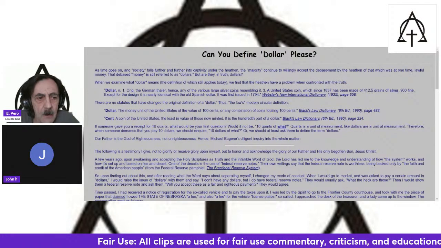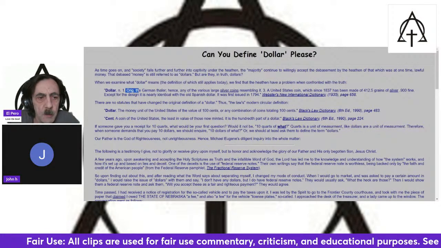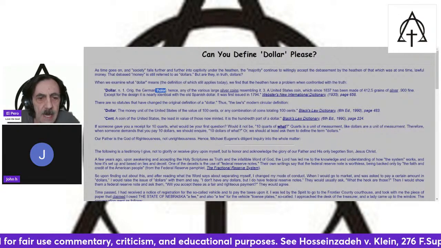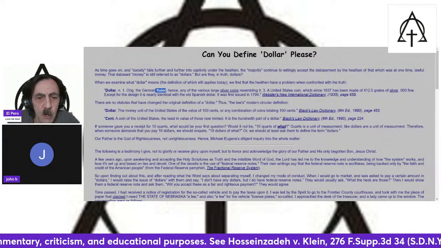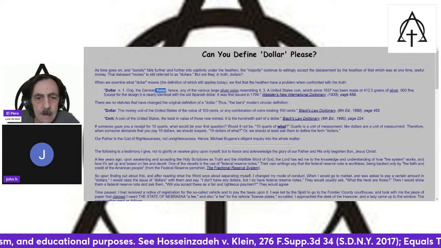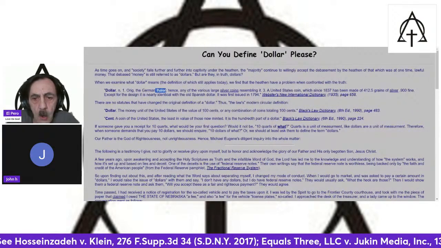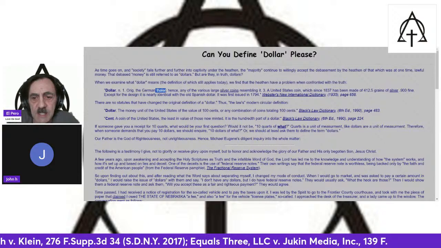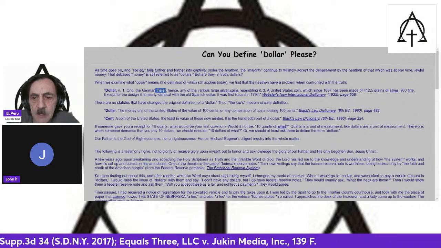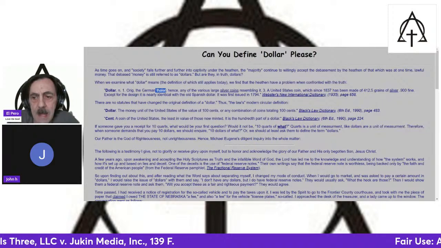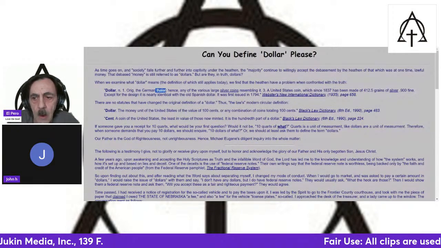Dollar, as a noun, originally the German Thaler. Hence, any of the various large silver coins resembling it. A United States coin, which since 1837 has been made of 412.5 grains of silver at 0.900 fine.